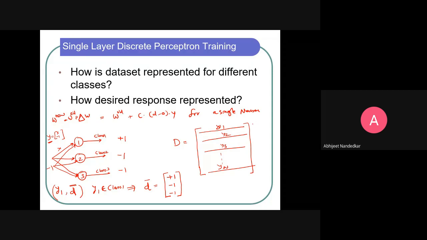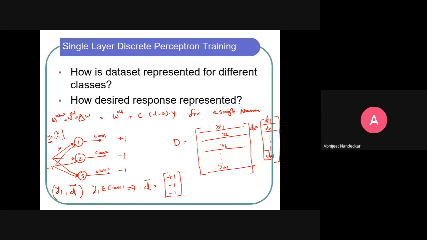Then you can arrange the corresponding desired response matrix, say DR. Then you can arrange like this. Say this will be D1, this can be D2, and so on up to Dn.